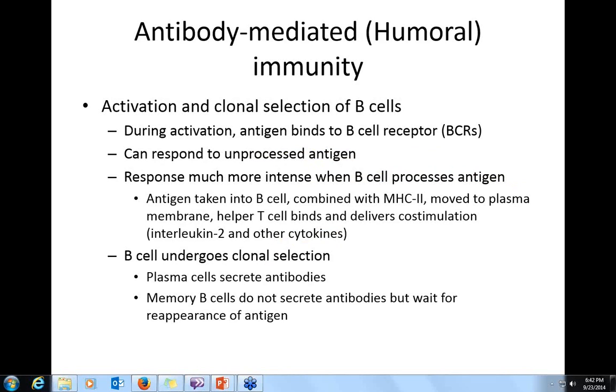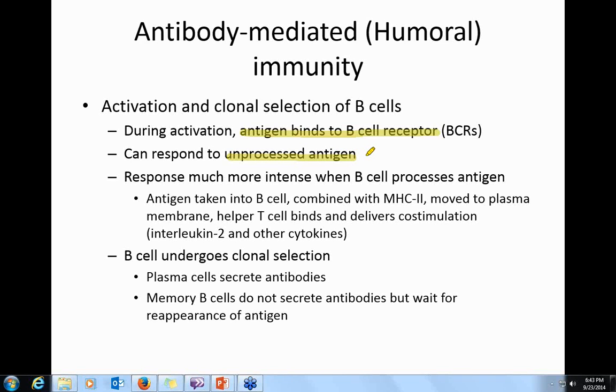Now we have the B cell immunity. And activation and clonal selection of the B cell is quite similar to the T cell. First, an antigen has to bind to the receptor on the B cell. Now B cells are a little different. It could be unprocessed. And the difference between an unprocessed and processed antigen is size. Unprocessed antigens can be quite huge.